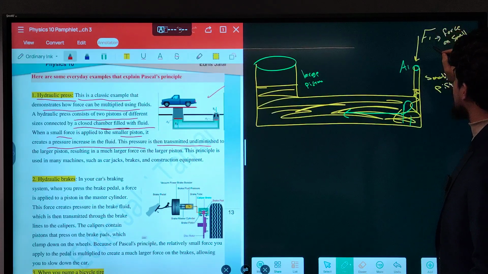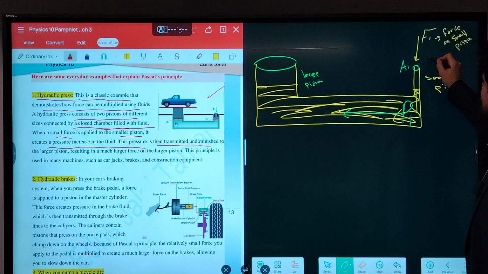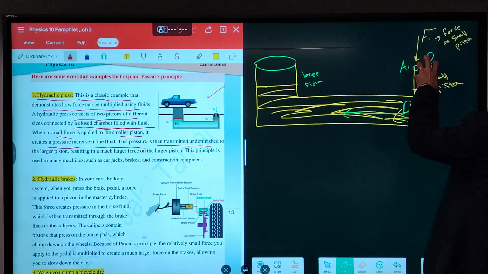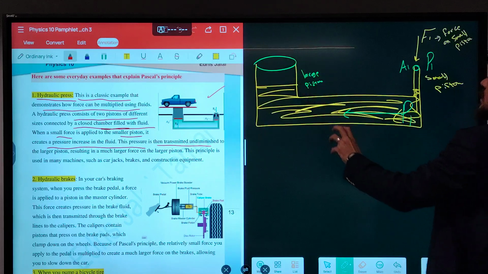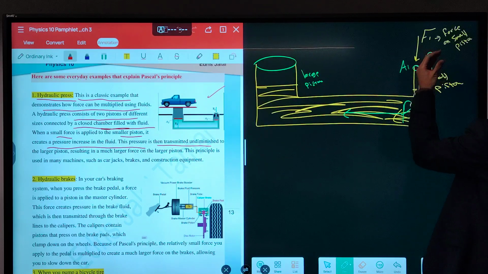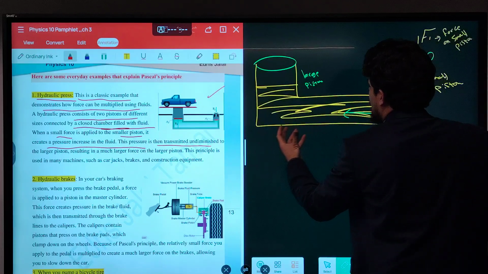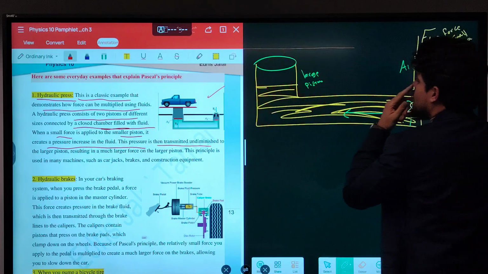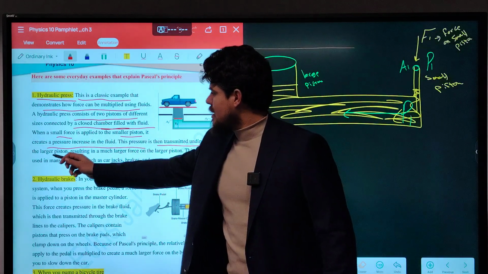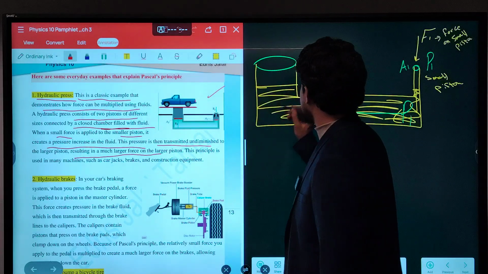So now, do we have pressure on the small piston? Yes. The pressure on the small piston is called P1. According to Pascal's principle, this pressure is transmitted equally from the small piston to the large piston. The same amount of pressure exerted by F1 on a small area is transmitted equally to the second area, and diminished to the larger piston, resulting in a much larger force on the large piston.